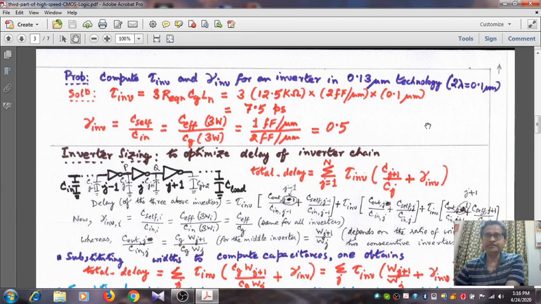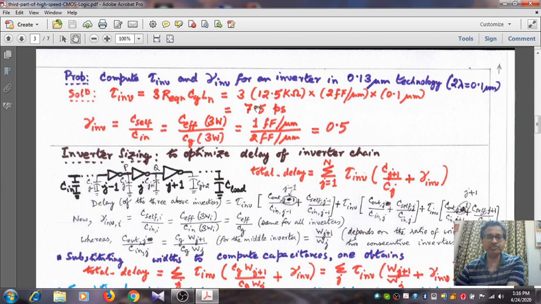We call it the feature size. 2 lambda equals 0.1 micrometer. So for an inverter in 0.13 micrometer technology, what is the value of the time constant? This is the product of 3 into R equivalent into Cg into Ln. So 3 into 12.5 kilo multiplied by 2 femtofarad per micrometer into 0.1 micrometer, that becomes 7.5 picosecond.